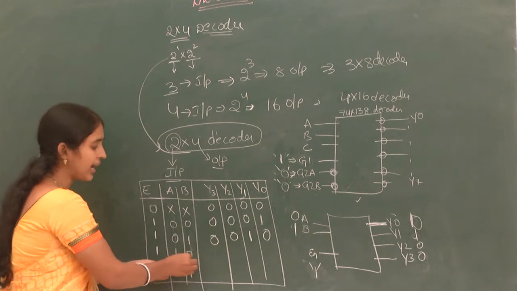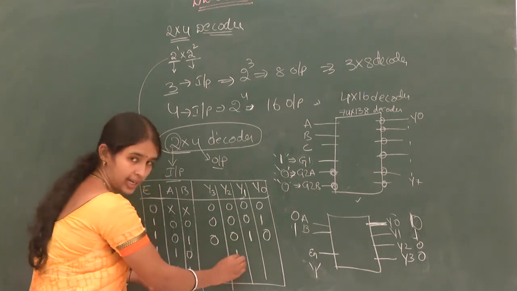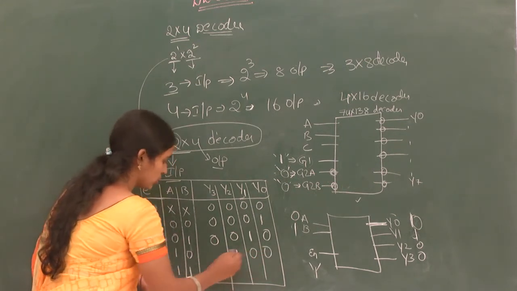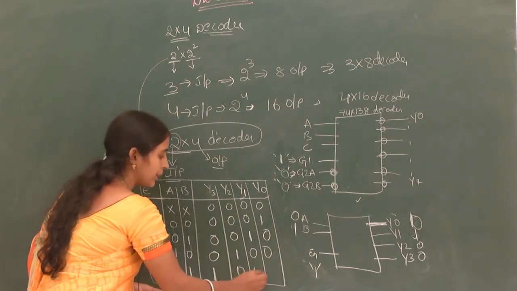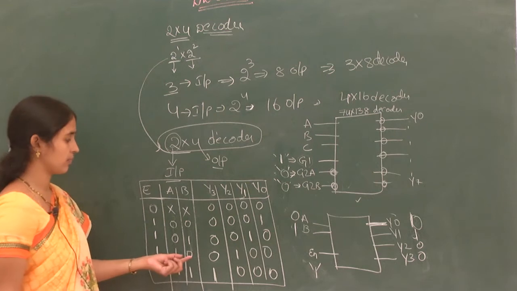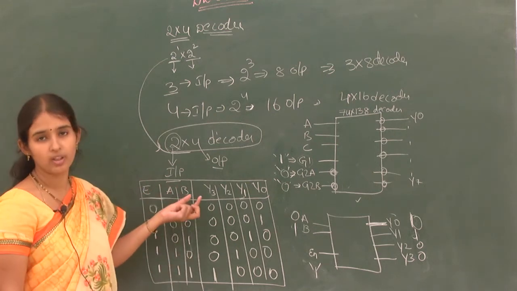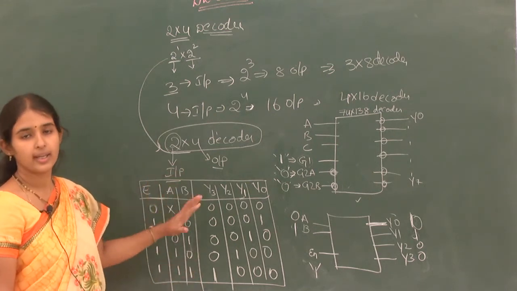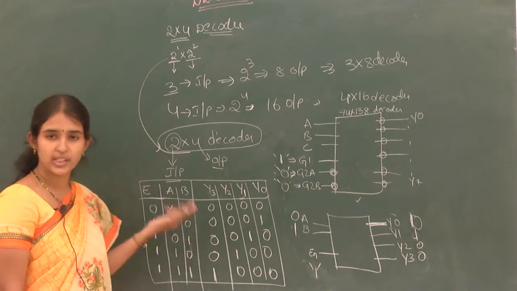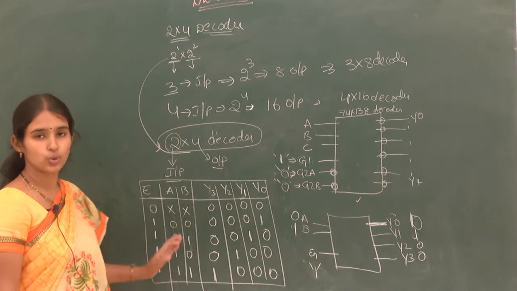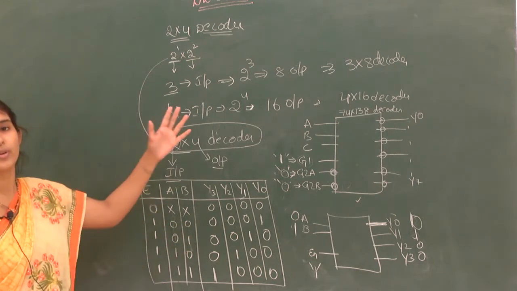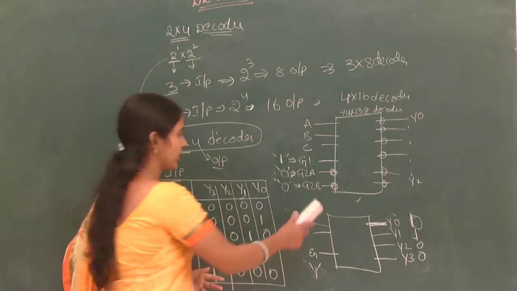At the same time, for 1 and 0, Y2 will be high and all others will be zeros. 1, 1 means Y3 will be high and all other outputs are zeros. This is the truth table for 2 to 4 decoder. In the same way, you can write it for 3 to 8 decoder or 4 by 16 decoder also. You have known the truth table. From this truth table, how are you going to design your logic circuit?